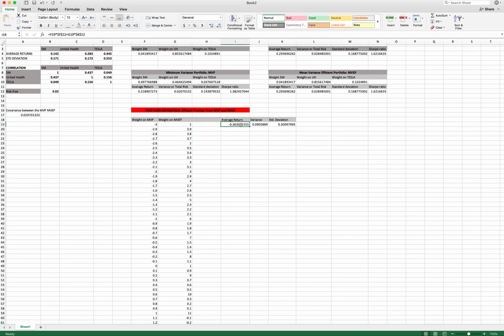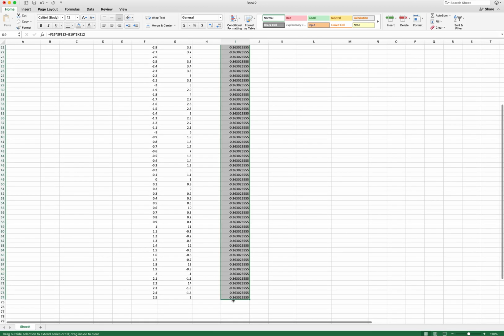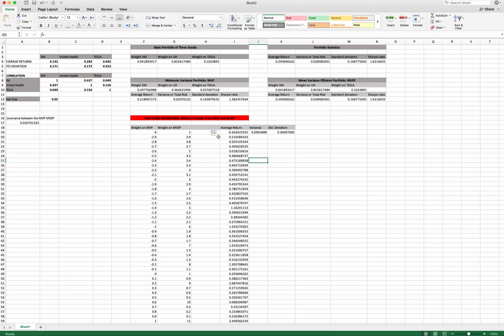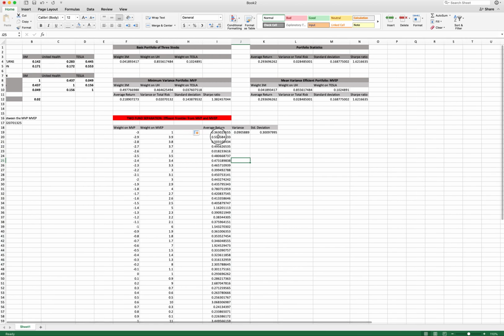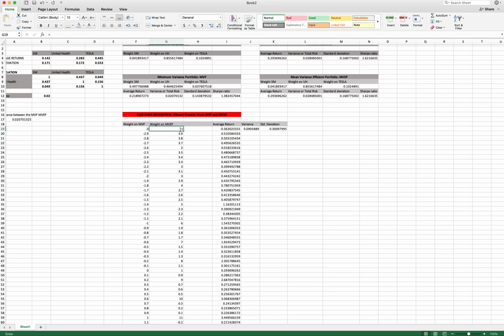And then I can extend my variance formula, my average return formula. You can see that the average return depends strongly, alright, so that's not 1 minus.